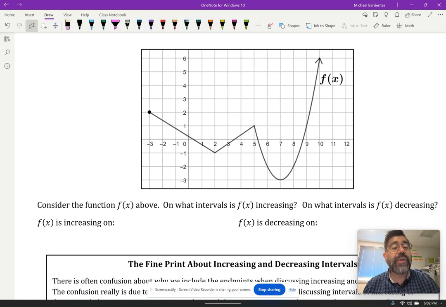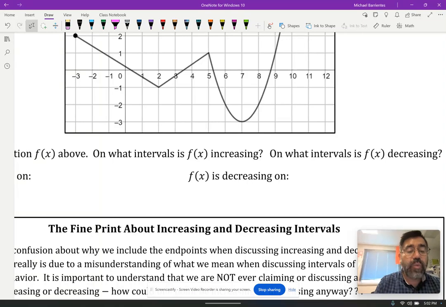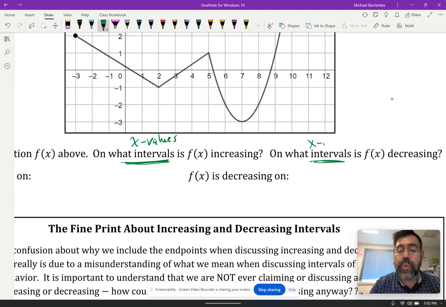So one thing I want to make clear from the very beginning: when it asks for intervals, it's asking for x values. When it asks for intervals, it's asking for a window of x values. And so I'm asking, on what x values is the function increasing?